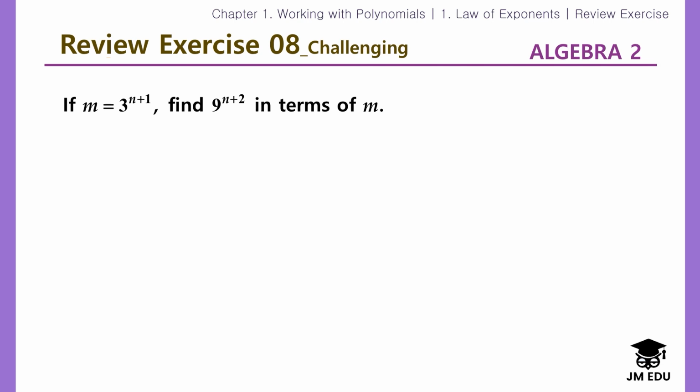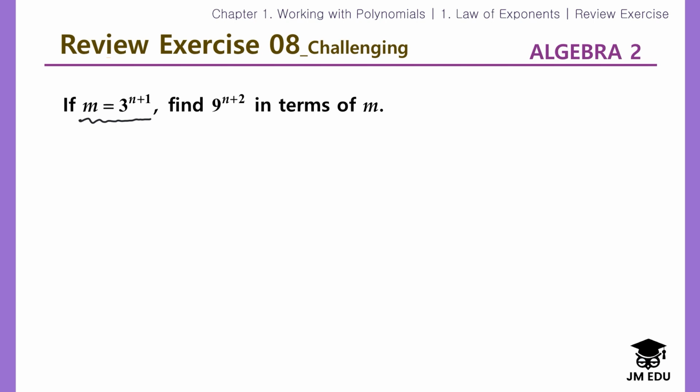Review exercise number 8. If m is equal to 3 to the power of n plus 1, the question is to find 9 to the power of n plus 2 in terms of m, right? So we have m is equal to 3 to the n plus 1.